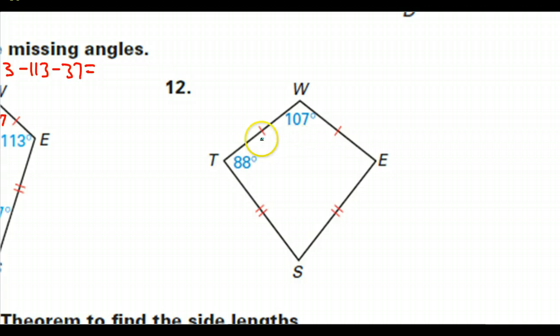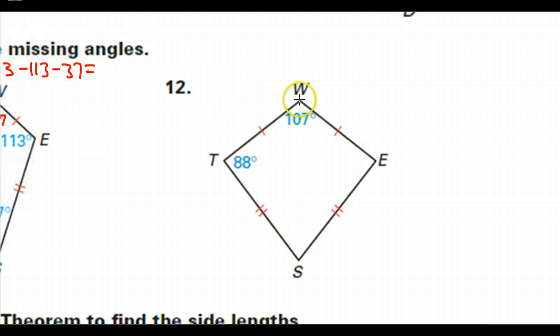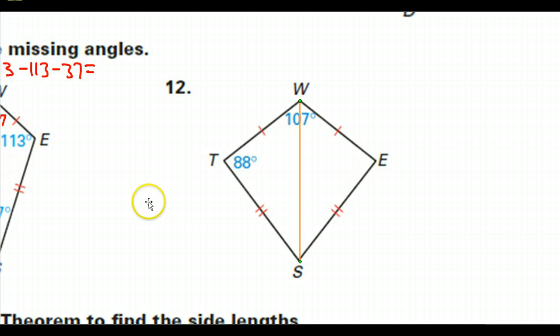Can you see where the line of symmetry is? There's your line of symmetry right there. I feel like I should make these a different color. Let's use this interesting color. That is the line of symmetry for this shape. So if this is 88 on the left, then this will be 88 on the right. Symmetry.